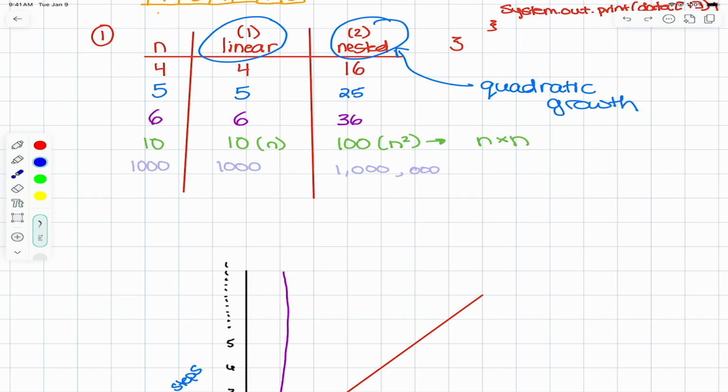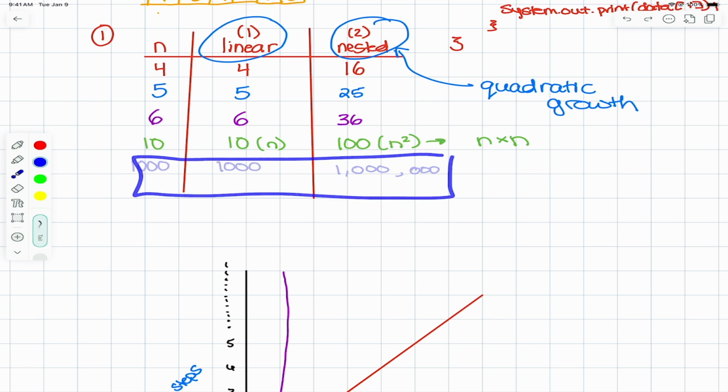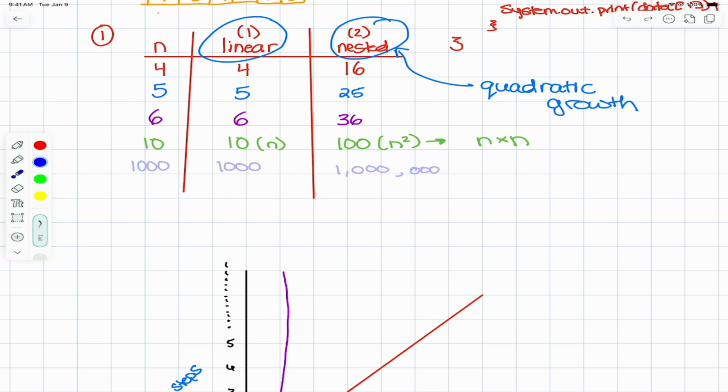This is the reason we actually analyze the scalability of our program, because scalability will beat speed every single time, regardless of how fast it is in these early steps. As we start to increase our n, what matters is: is the algorithm that we made scalable? Can it keep up with n growth?